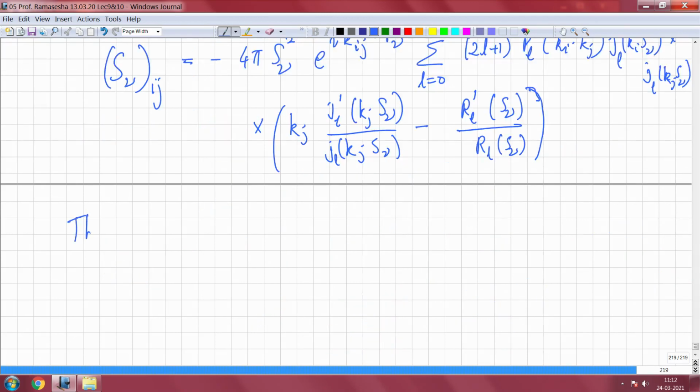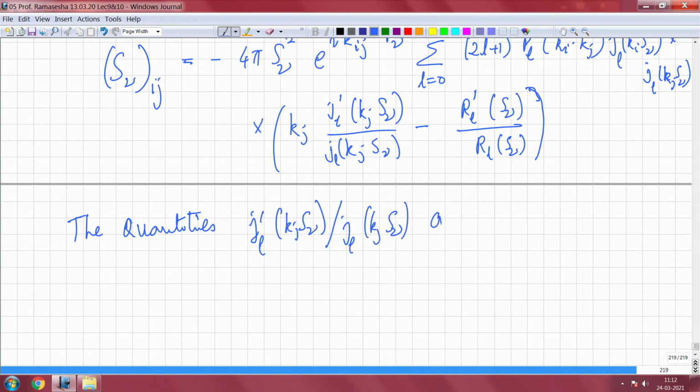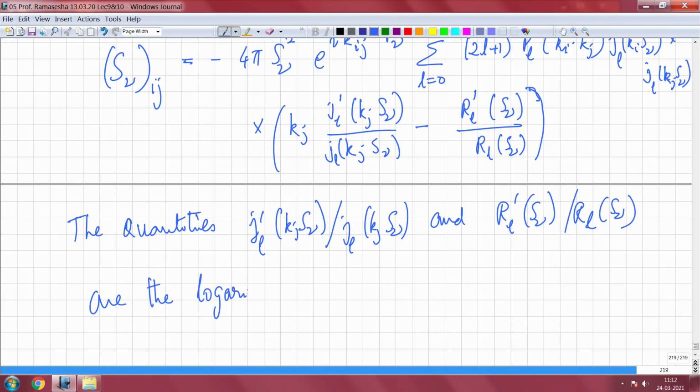So, the quantities j L prime k j S nu by j L k j S nu, and R L prime S nu by R L S nu, are the logarithmic derivatives of the spherical Bessel function and the radial function.